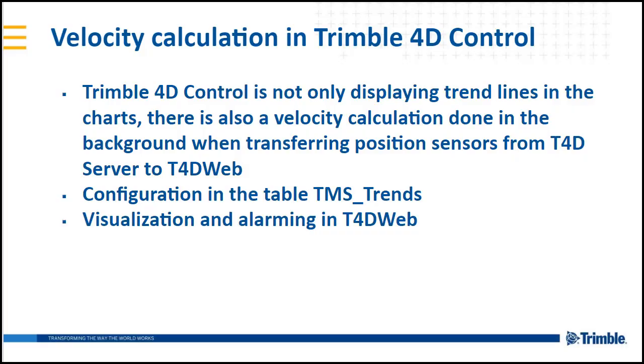Trimble 4D Control is not only displaying trend lines in the charts, there's also a velocity calculation done in the background when transferring position sensors from T4D server to T4D Web. The configuration is done in the table TMS trends and the visualization and alarming in T4D Web.